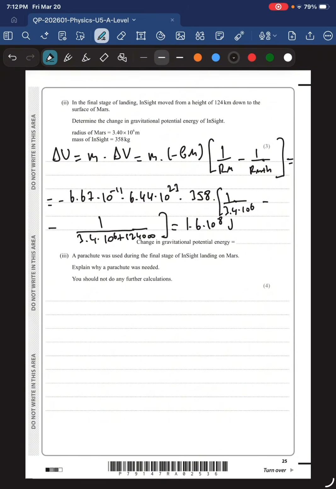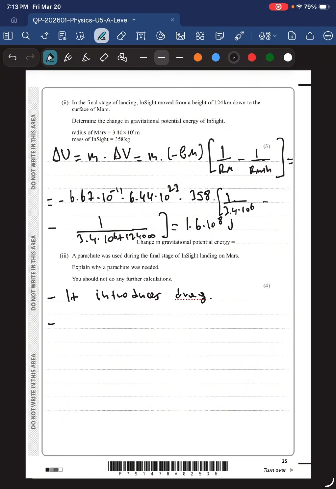Okay. 3. A parachute was used during the final stage of InSight landing on Mars. Explain why a parachute was needed. You should not do any further calculation. So it introduces a drag force. It introduces drag.